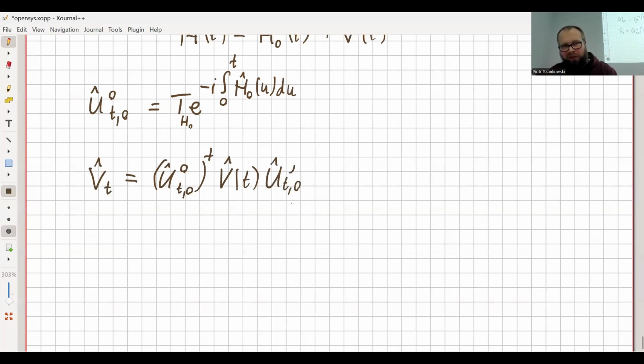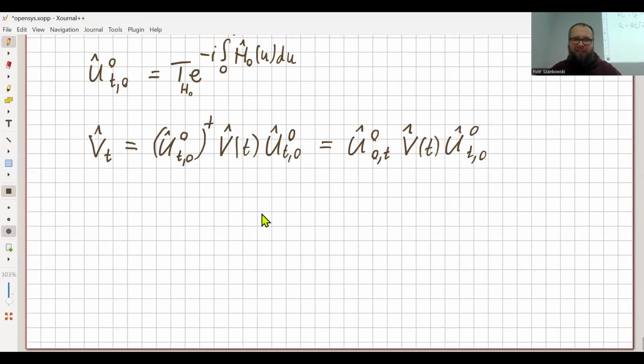We can use dagger to flip the limits of the evolution operator. So this is our interaction picture of V in this case, and that's the evolution operator in interaction picture.